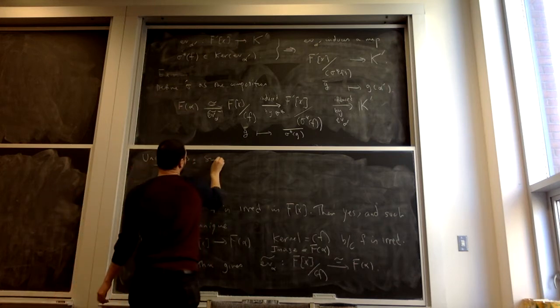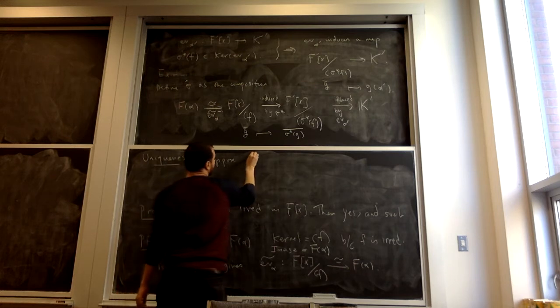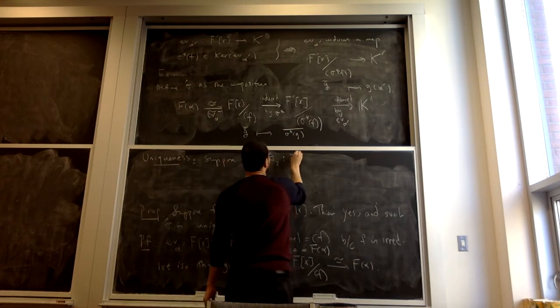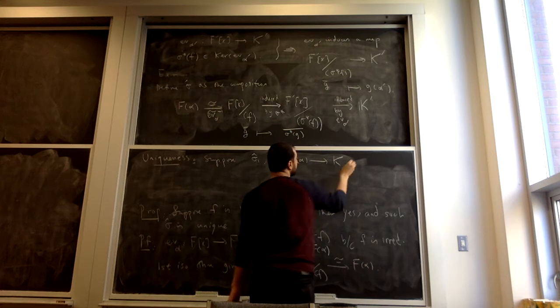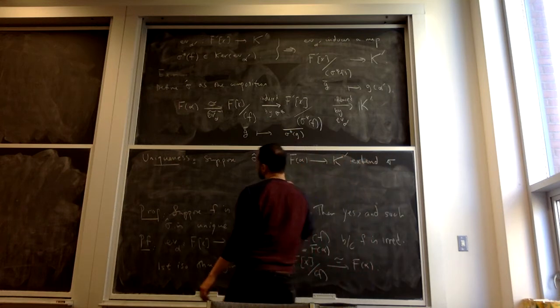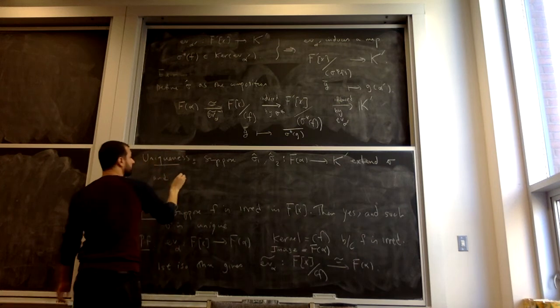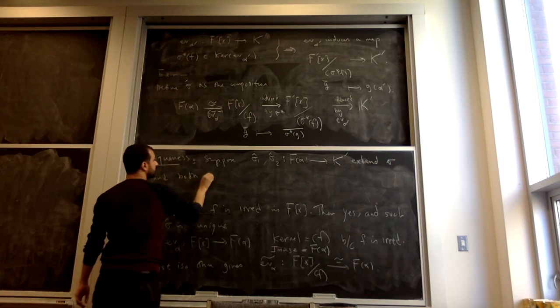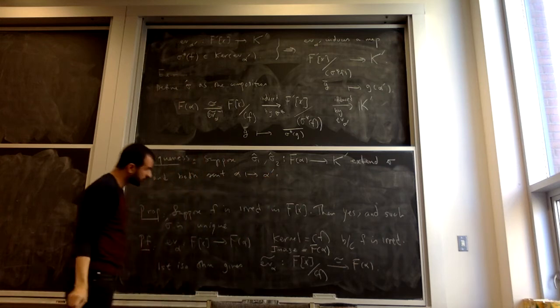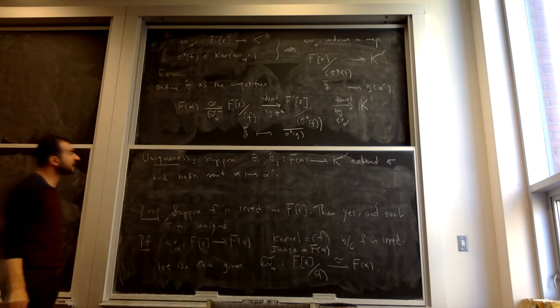Suppose sigma hat 1 and sigma hat 2 from F adjoin alpha to K prime extend sigma, and both send alpha to alpha prime. I'll show that sigma hat 1 and sigma hat 2 are the same.